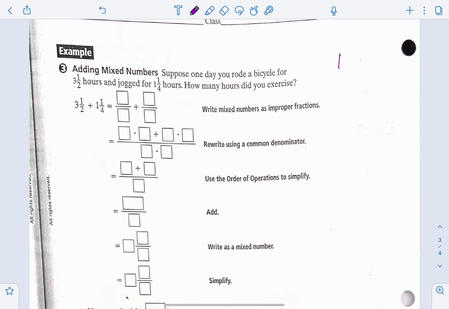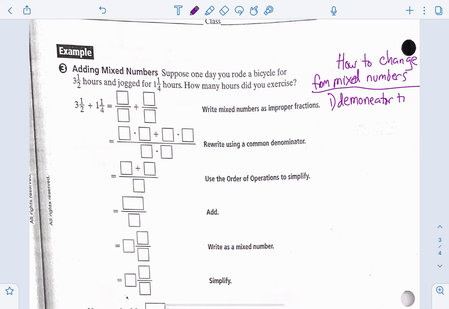So how to change from mixed numbers. Denominator times the whole number is step 1.